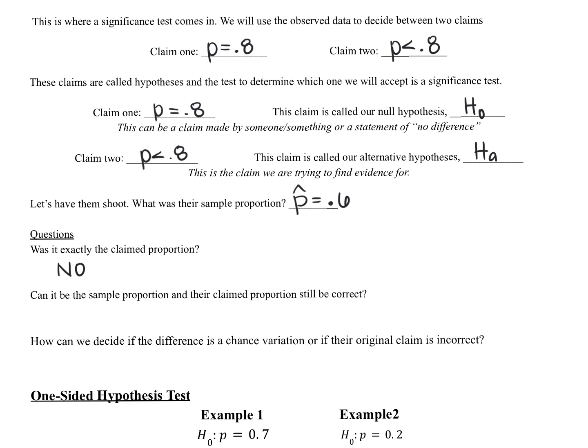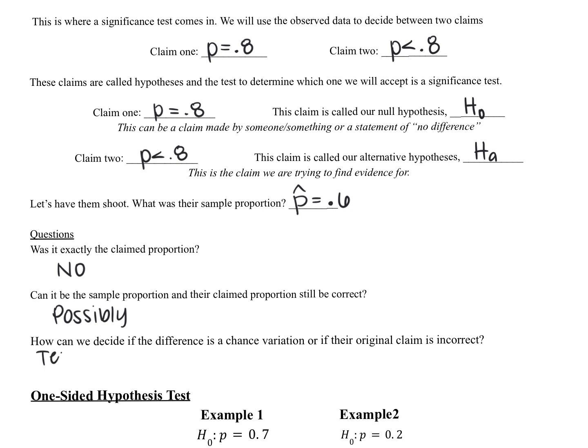Now, can it be that the sample proportion and their claimed proportion are still correct? And the answer is possibly. Could it just have been that Bob was having an off day or got distracted? Who knows? So we want to know, how can we decide if the difference is due to chance variation or if the original claim is incorrect?